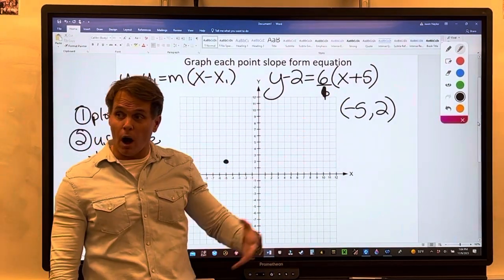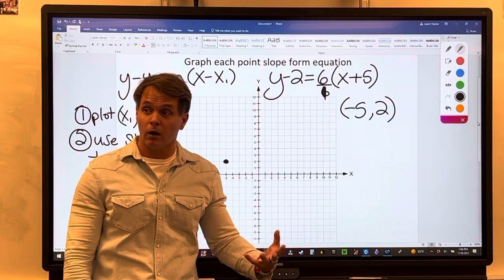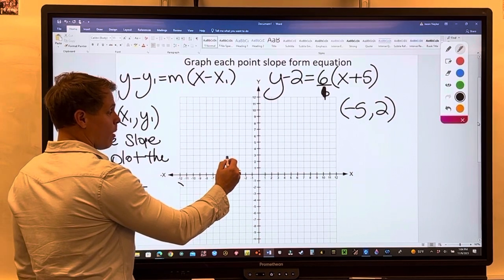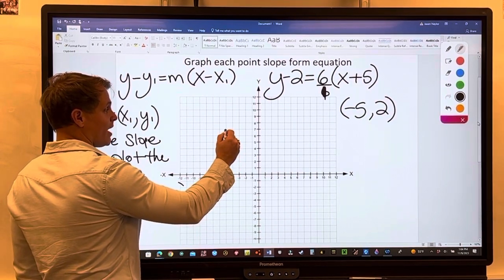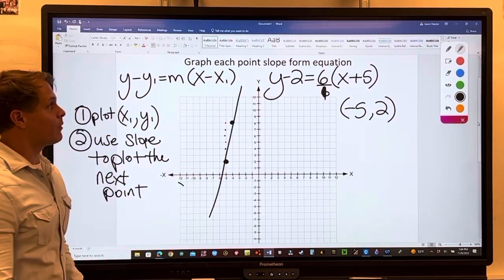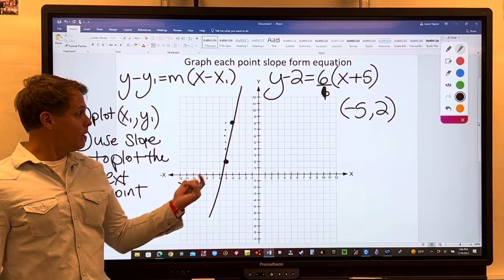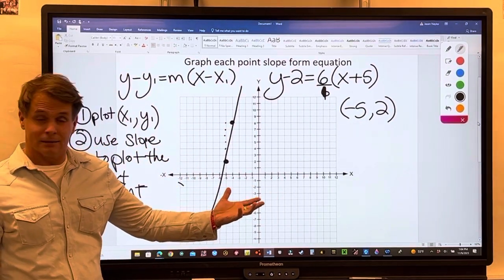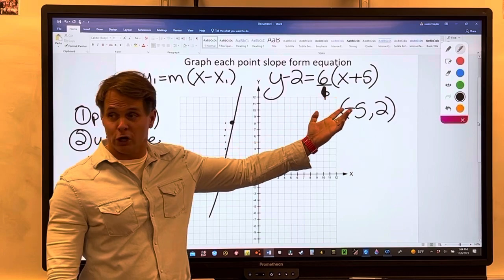What that means is you go up 6 and over 1. So from right here, we're going to go up 1, 2, 3, 4, 5, 6, over 1. That's what my graph looks like. If I read that from left to right, that slope is positive, right? The slope is positive, so we're good.